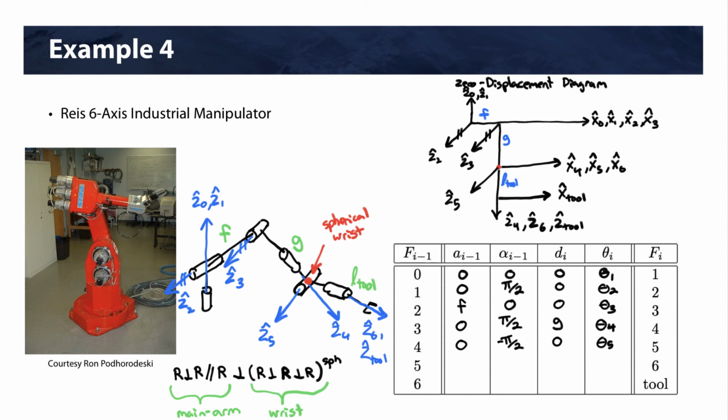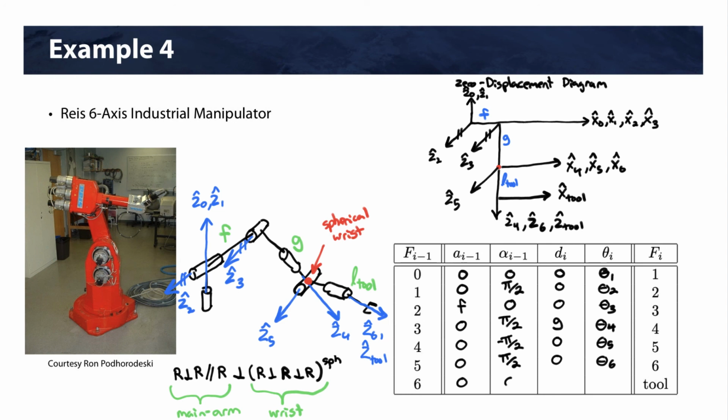5 to 6, again, they're intersecting, so this is 0. Go from Z5 to Z6, that's a positive 90 degree rotation, or pi over 2. Again, they are intersecting, so 0. And then we have theta 6. And then from frame 6 to the tool frame, well, the Z's, there's no distance between them.